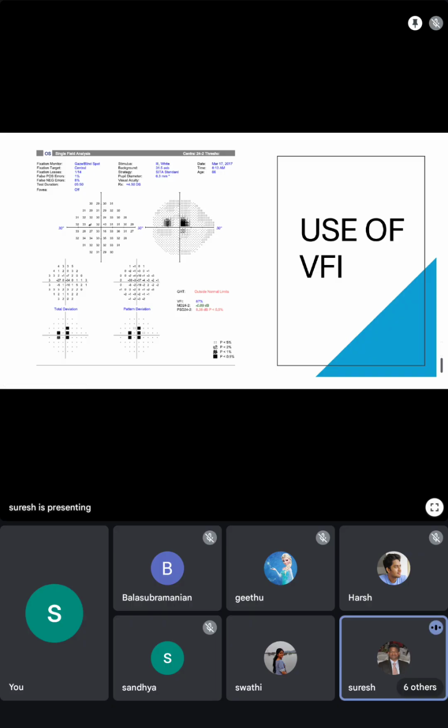So not every time do we just look at the mean deviation and say, okay, it is very less, so it is good. No, we have to also look into the VFI, because it actually shows how much. See, this person is just having a few scotomas, but his day-to-day life would be really troublesome because he has lost his central vision. Okay.